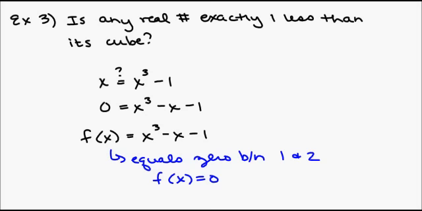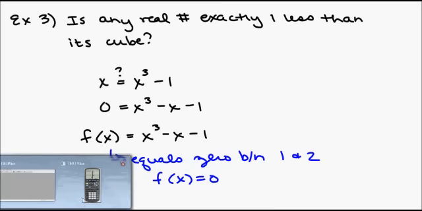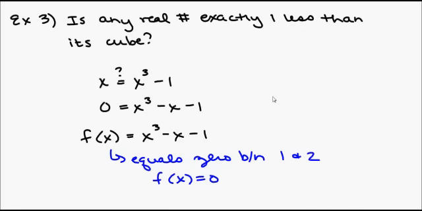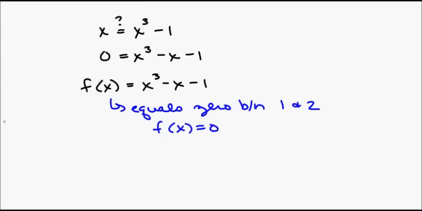So since, again, on this interval, we know that if I trace 1, we have (1, -1), and 2, 5.